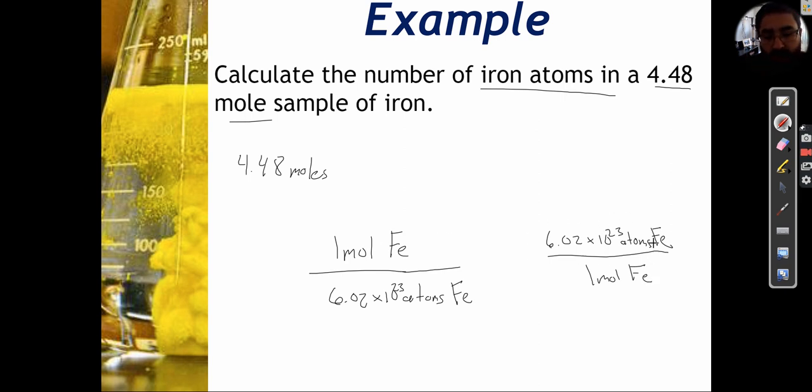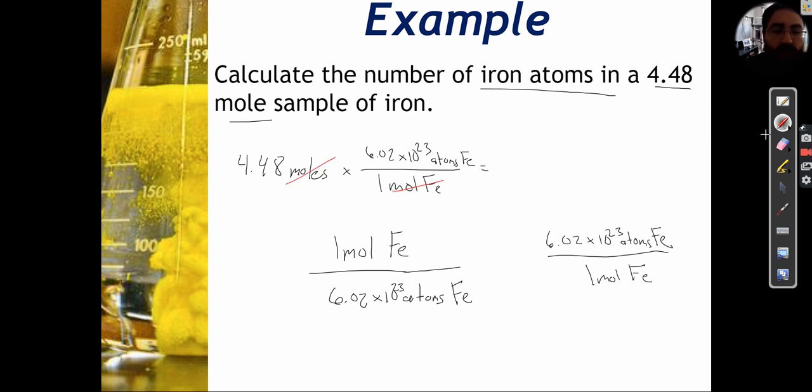So we use this conversion factor to help us solve the problem, because we want to get rid of moles, and moles goes at the bottom. And we want to find atoms, so the atoms go at the top. All right, and if we take a look at this setup, you'll see that the things cancel.